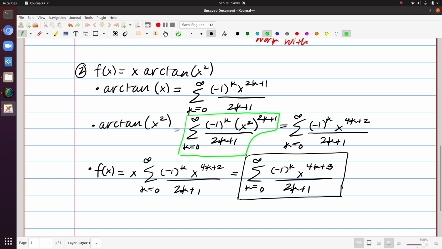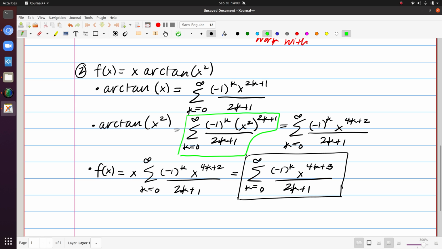And of course, that is not going to be equivalent to 4k plus 3. And likewise, I might see somebody change the 2k plus 1 to a 2k plus 2 when multiplying by x. But again, the problem there is because you have x squared in there, you're actually adjusting the exponent by 2 instead of 1. So it's really important to simplify before we move on to the step of multiplying by x.